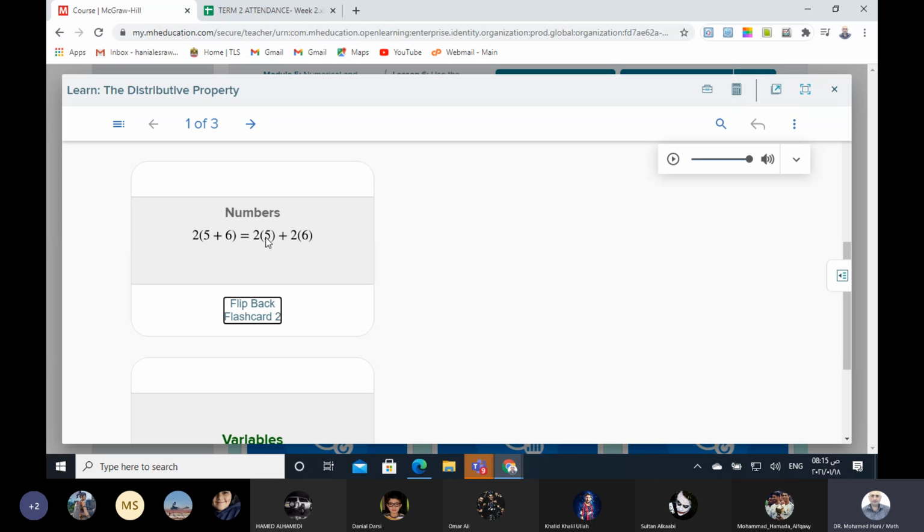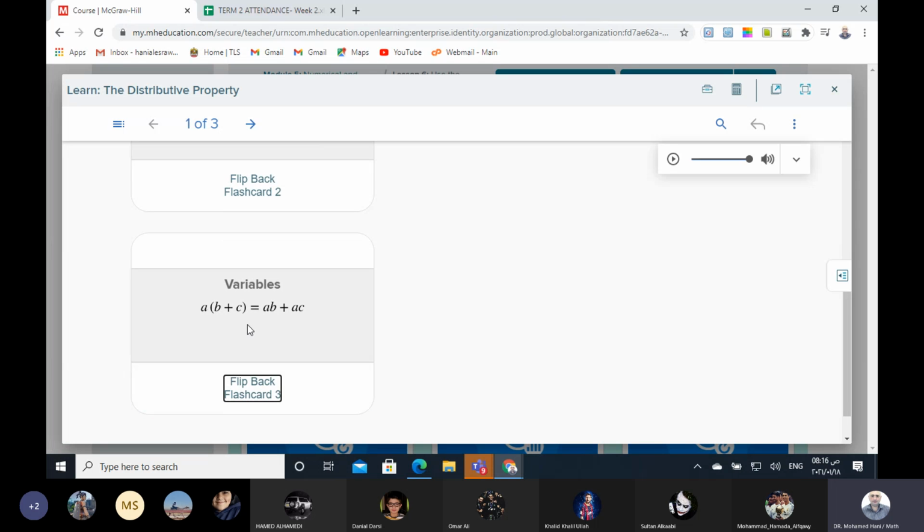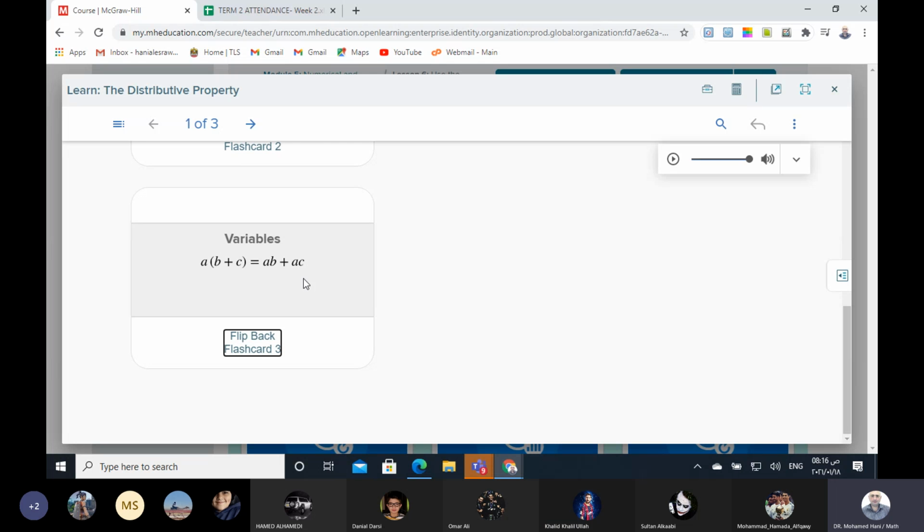So we can write 2 times 5 plus 2 multiplied by 6. This is the rule: when we have A multiplied by the parentheses B plus C, we can write A times B plus A times C. This is the meaning of the distributive property.